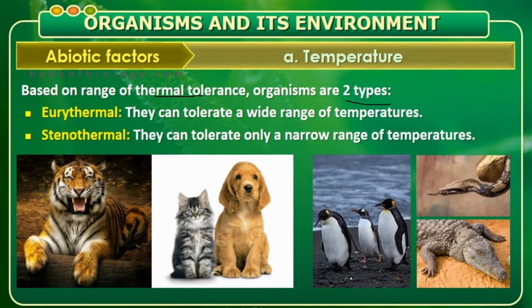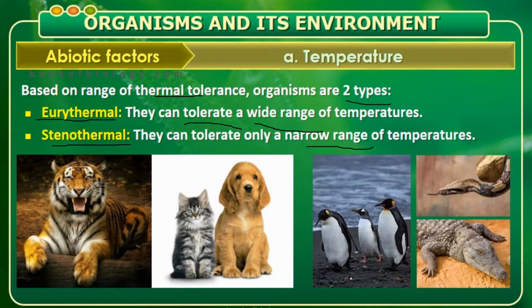The organisms which tolerate a wide range of temperature are called eurythermal. If the animals can tolerate only a narrow range of temperature, they are known as stenothermal.